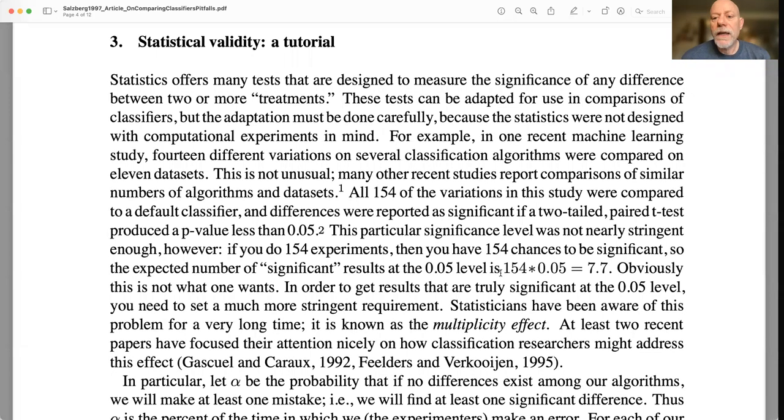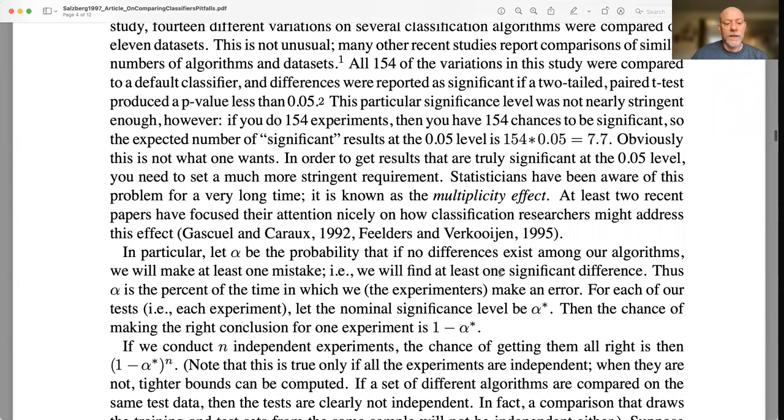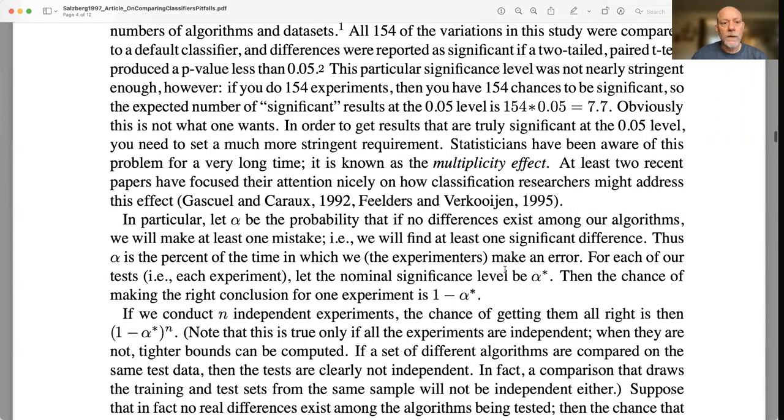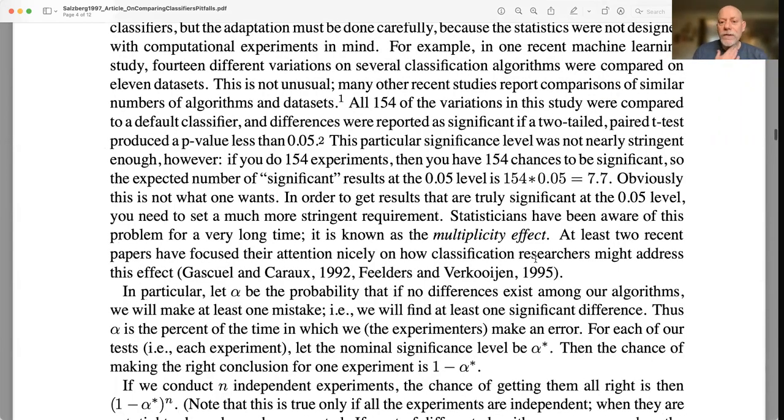For example, in one recent machine learning study, 14 different variations on several classification algorithms were compared on 11 data sets. This is not unusual. Many other recent studies report comparisons of similar numbers of algorithms and data sets. All 154 of the variations in this study were compared to a default classifier, and differences were reported as significant if a two-tailed paired t-test produced a p-value less than 0.05.